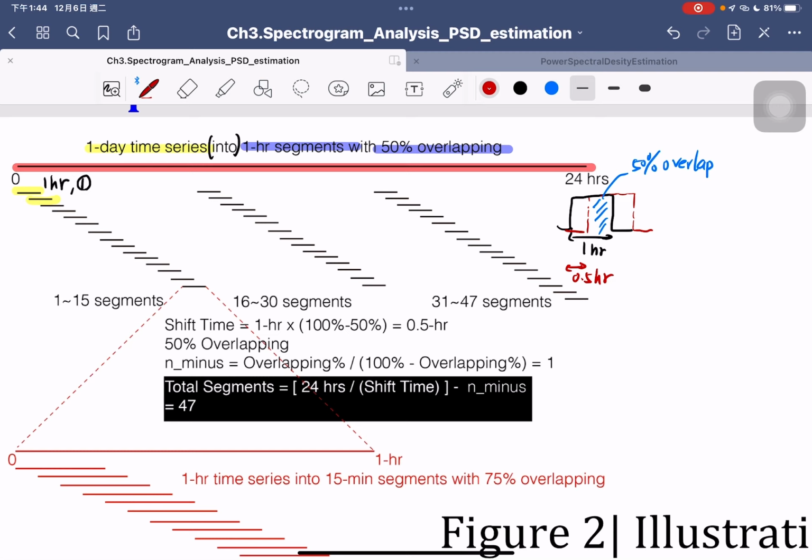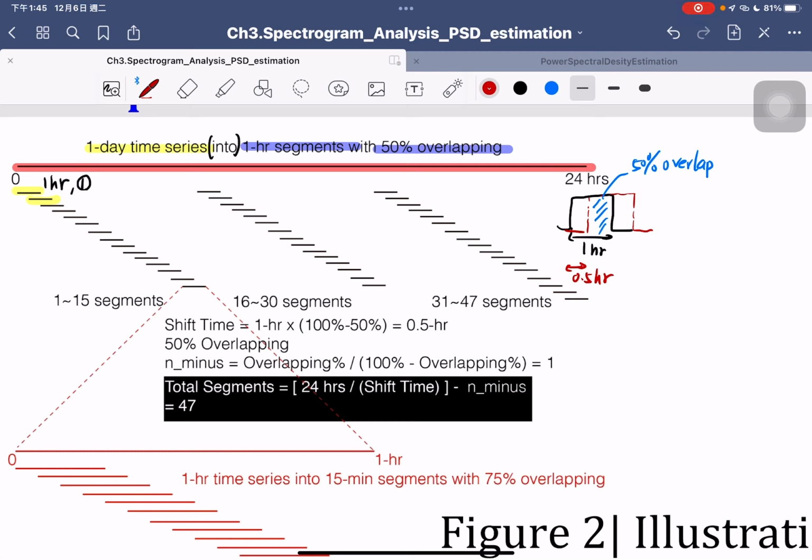Okay? So I can decide many windows with the 1 hour's length. But the total input data is 24 hours, 1 day of data. So I cut the 1 day data into 1 hour segments, and each segment with 50% overlapping.